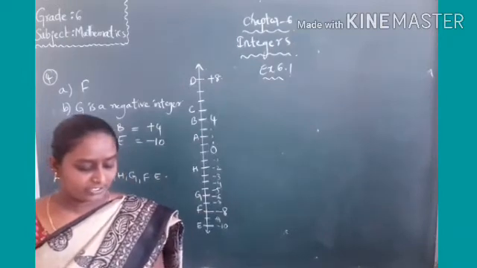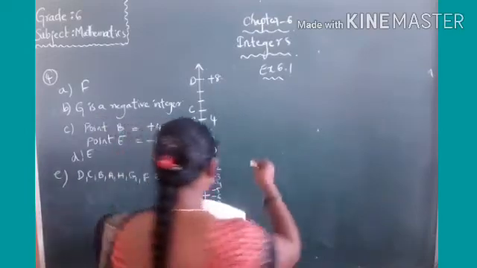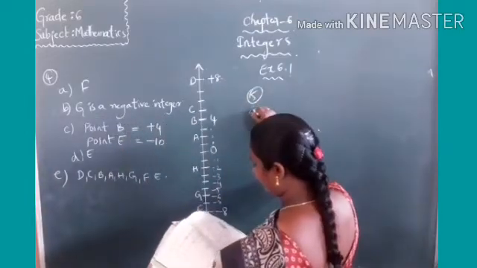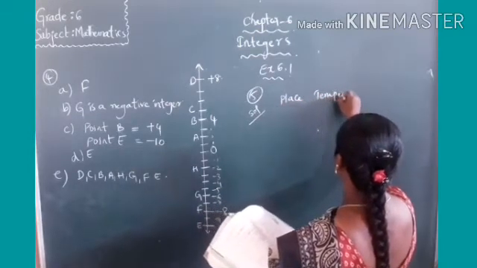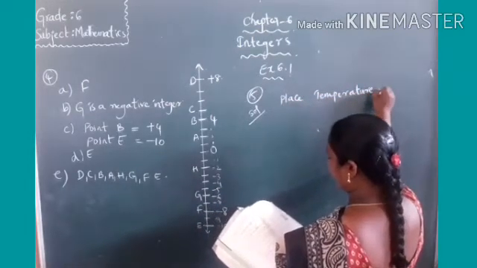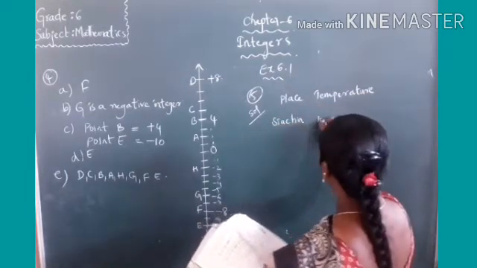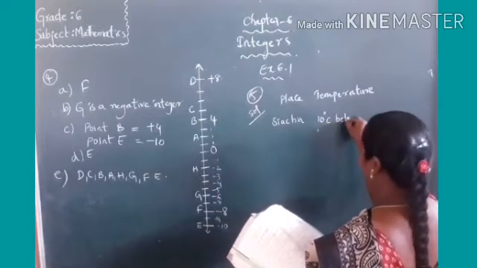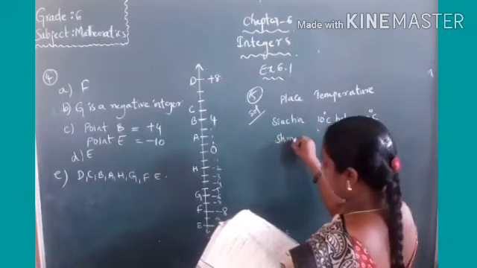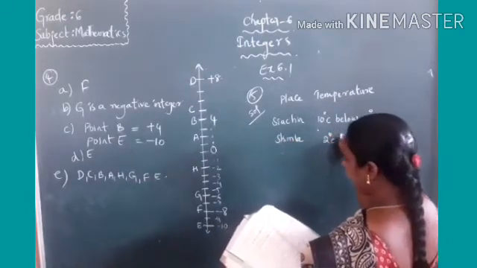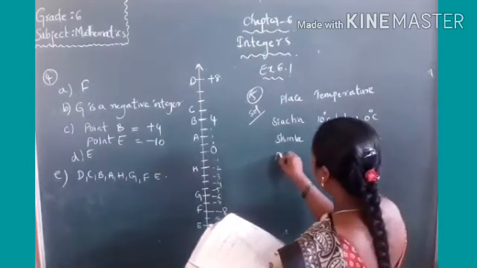First of all, observe the temperature in Siachen: 10 degrees Celsius below 0 degrees Celsius, and next Shimla: 2 degrees Celsius below 0 degrees Celsius.